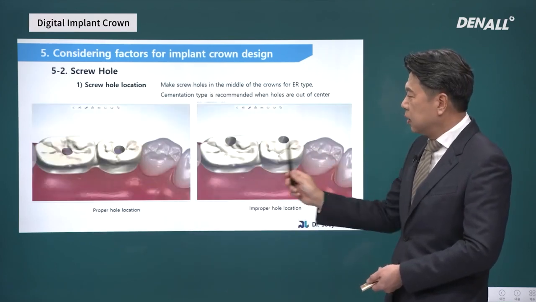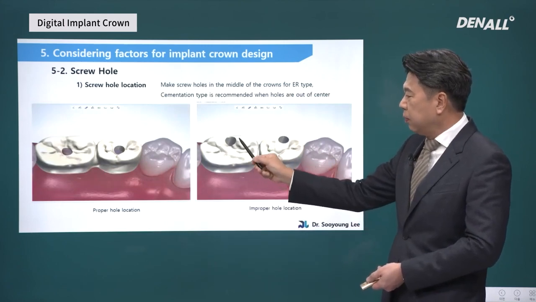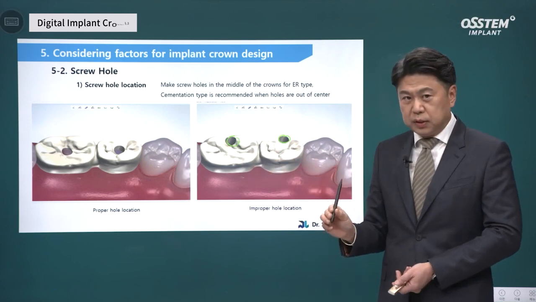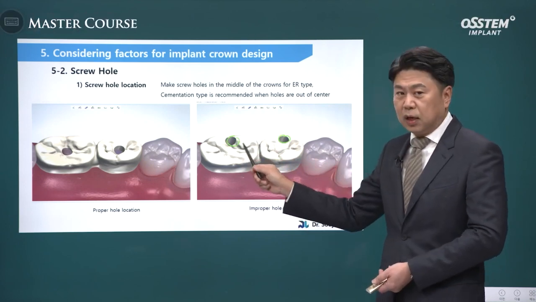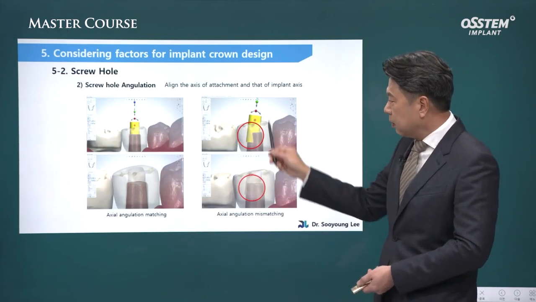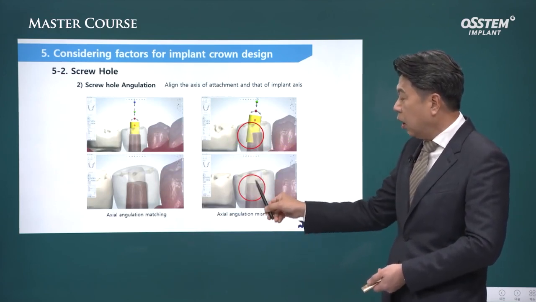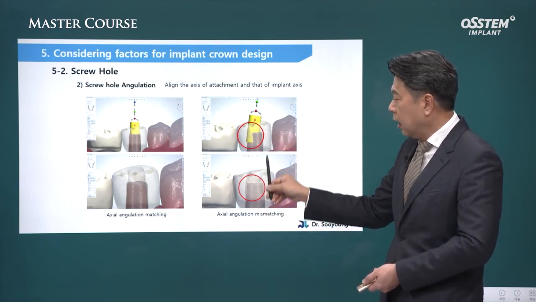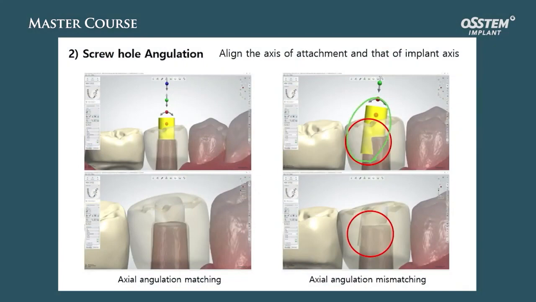If there is no choice but to position the access holes buccally, as we can identify them in the design, we can consider using the cementation type. I talked about using a transfer abutment and fabricating a crown on ER type. The hole needs to be made by us directly. The size and the direction of the hole should be selected, and that's something you need to consider as well.